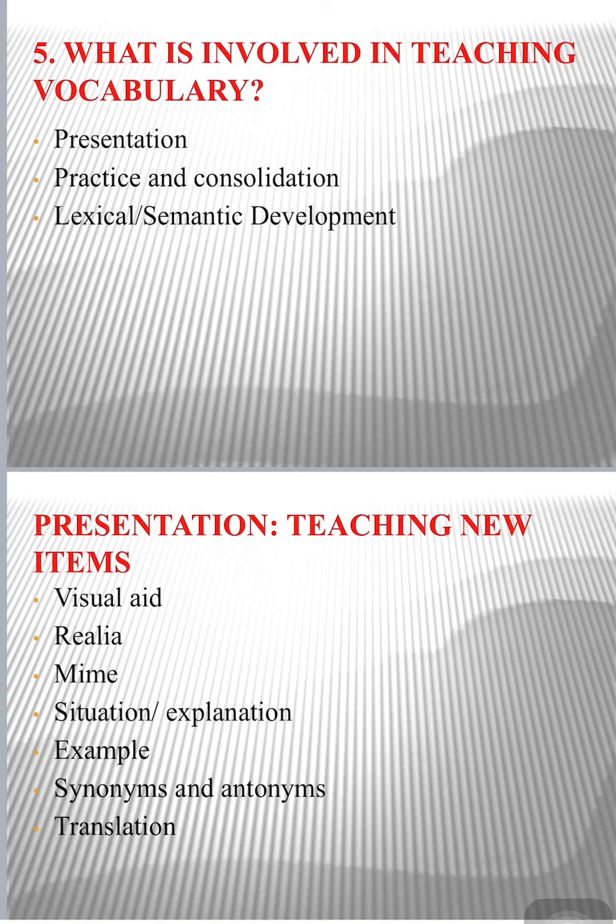So in part 5, we are going to get to know what is involved in teaching vocabulary. We have 3 parts. The first step is presentation. The second step is practice and consolidation. And the last is lexical or semantic development.